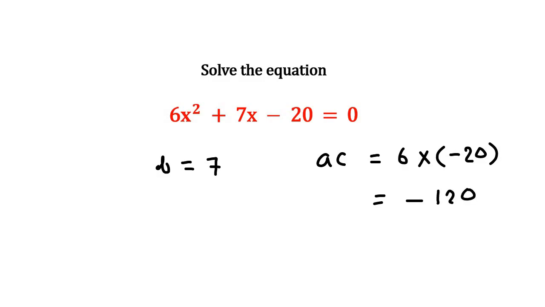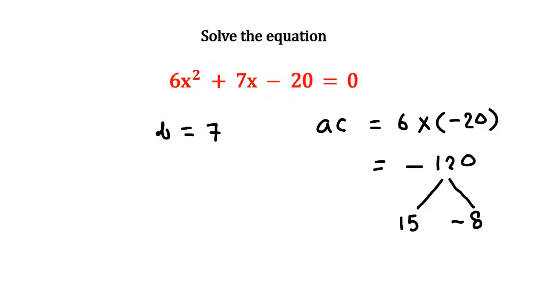We have to factorize 120 in such a way that the addition or subtraction of those factors becomes the value of b, or 7. So if we factorize 120 by using 15 and minus 8, if we add 15 with minus 8, we get the value of b, or 7. So we can use 15 and minus 8.